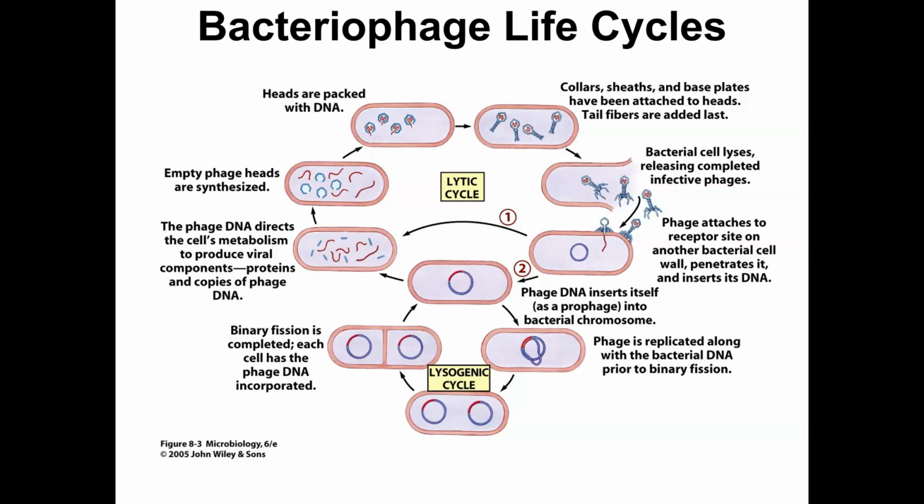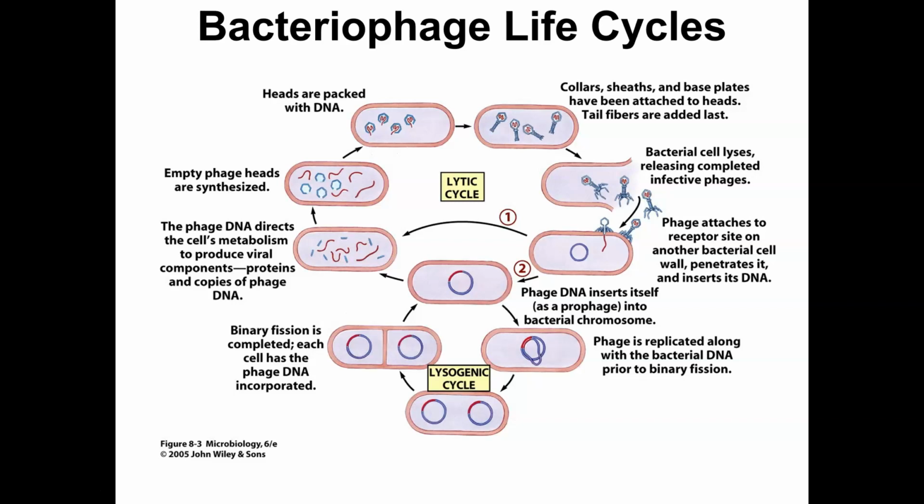That's why I use this old diagram, but just the basics. So viruses are obligate parasites. Okay? They need to infect living cells to replicate. So the first thing that happens during infection is that the bacteriophage here, the virus, attaches to the appropriate host.